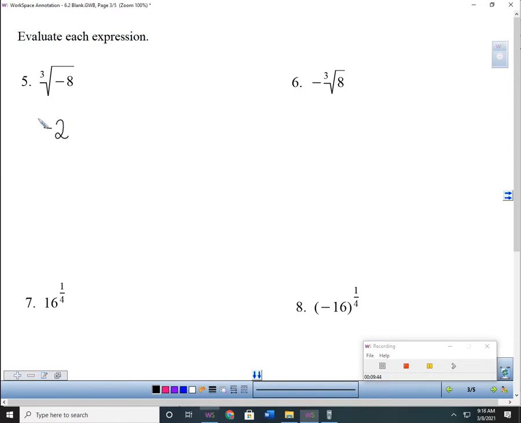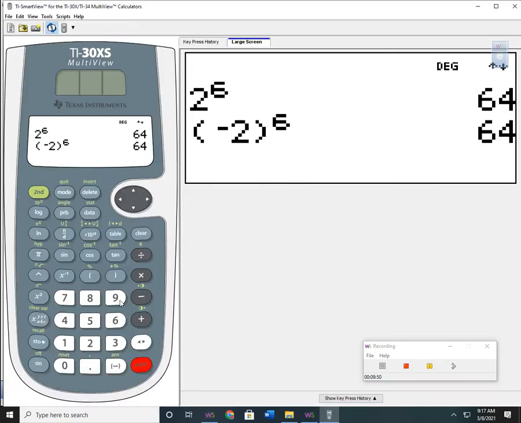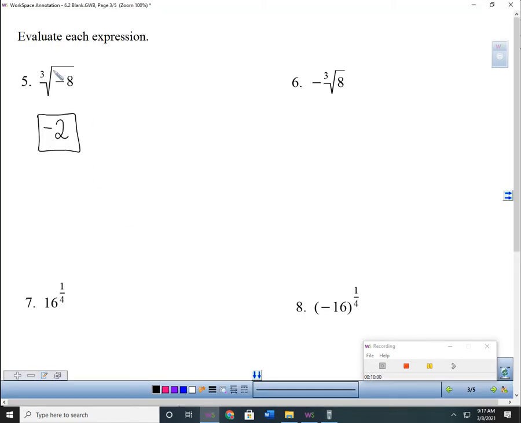Negative 2. And again, if you wanted to check that, all you have to do is take negative 2 in parentheses and raise that to the third power, because that's negative 2 times negative 2 times negative 2, and you get negative 8. Okay? So whatever your root number is, that would be your power when you're checking these, right?